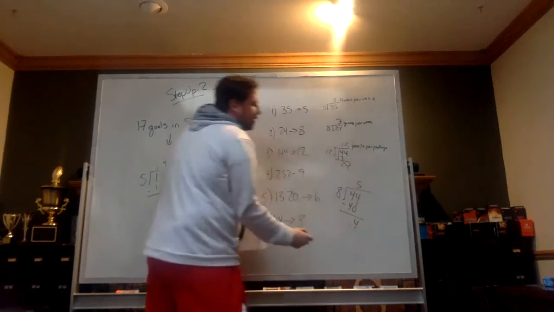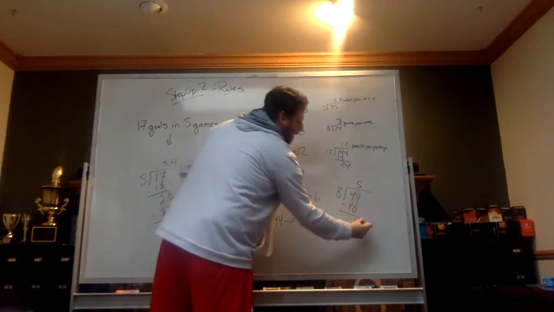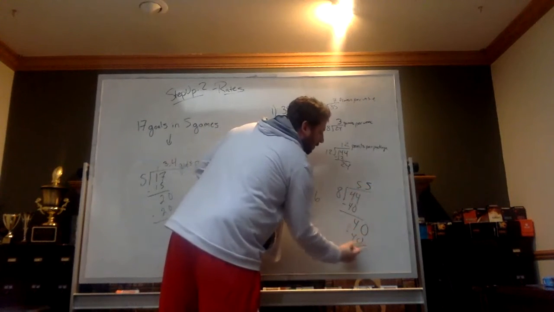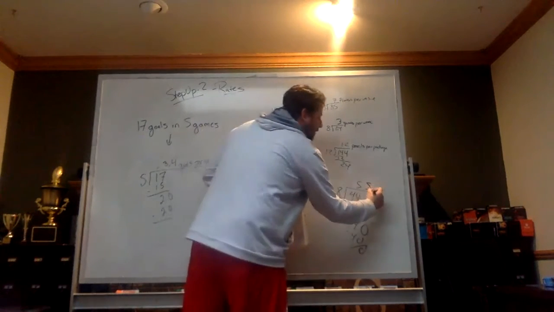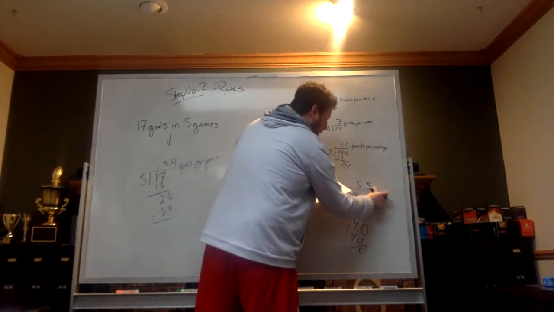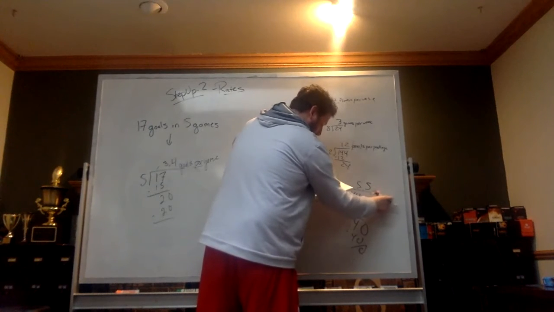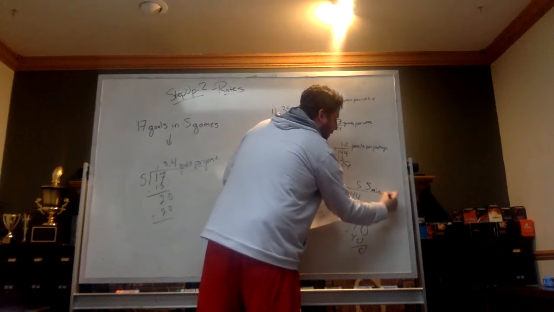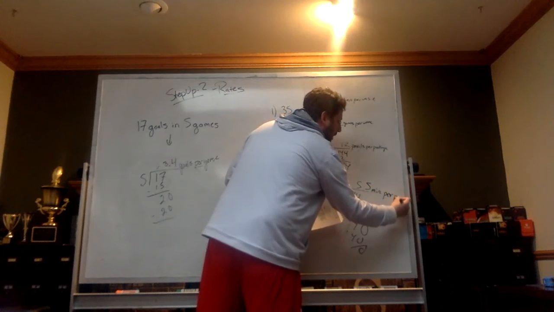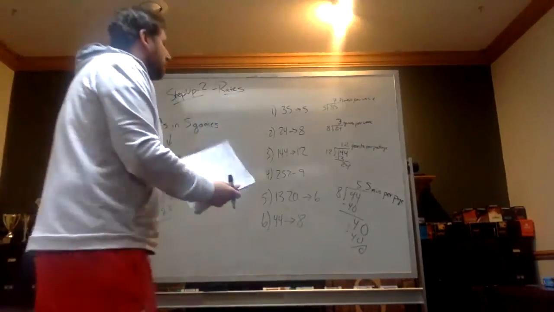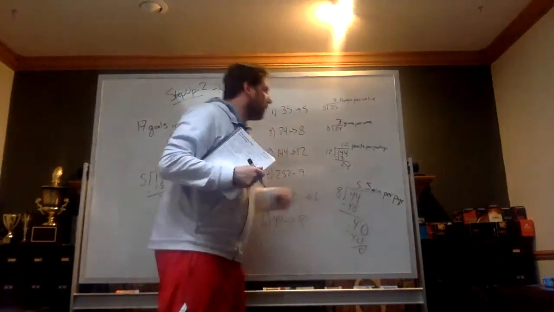Now we have that remainder, so we're going to put our decimal point up here and add a 0 down here. 8 goes into 40 5 times. So 5.5 minutes per page. That's what we're doing. To find unit rates, we're just dividing them and then putting a new label on them.